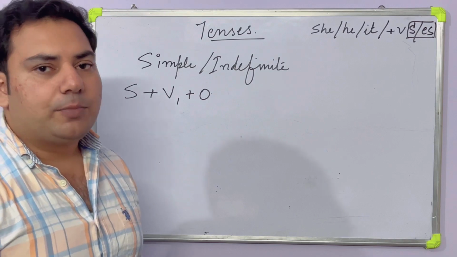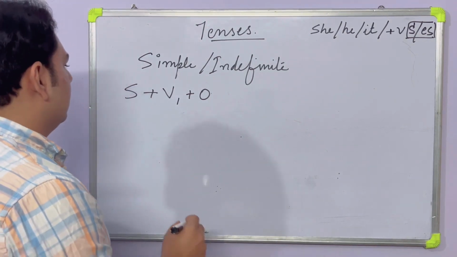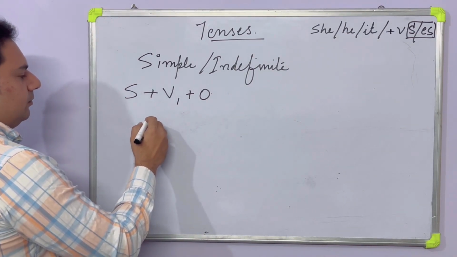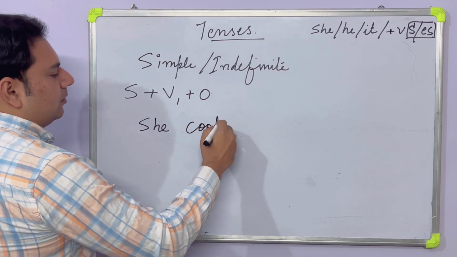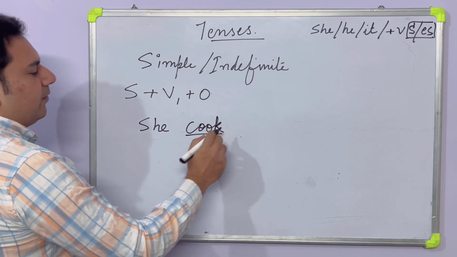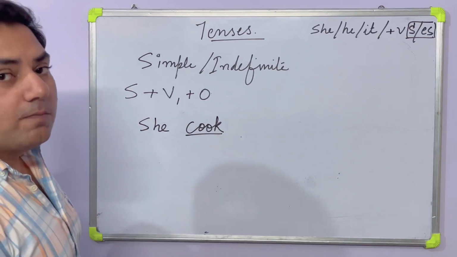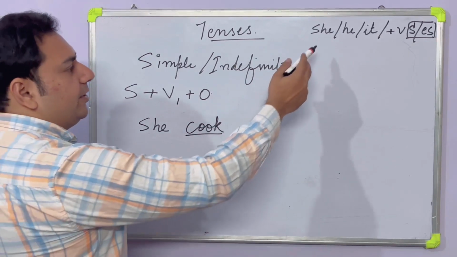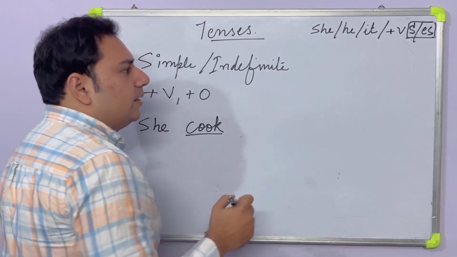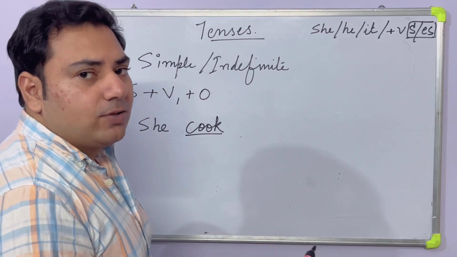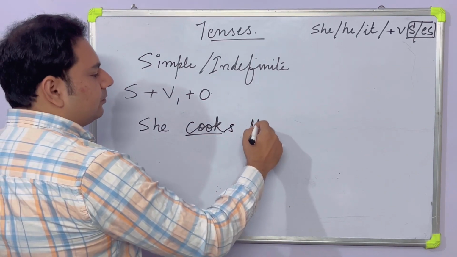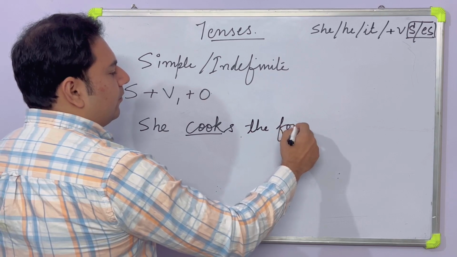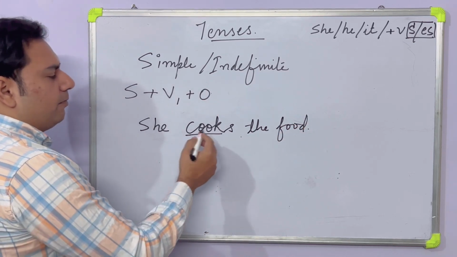Now let's see an example so that you can understand. She, the verb I'm using here is cook. This is the simple verb, the root form, cook. As I have told you, she, he, it, or any singular noun will have s or es with the verb. So she cooks the food. It won't be like cook.